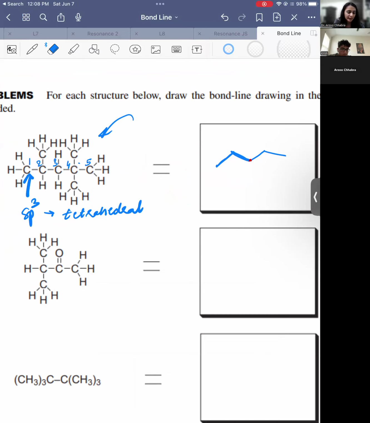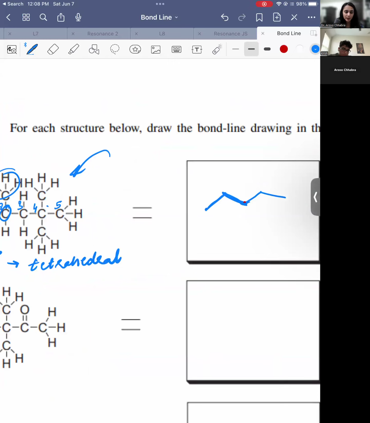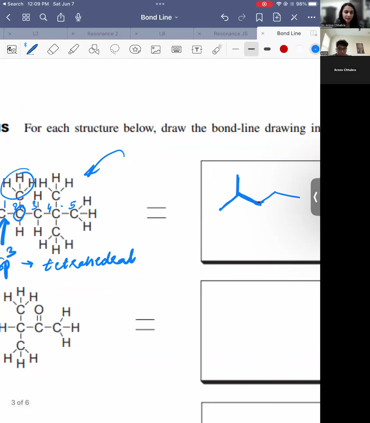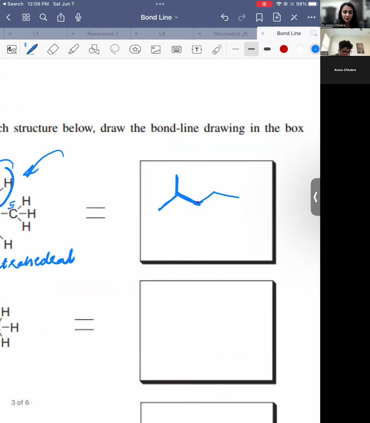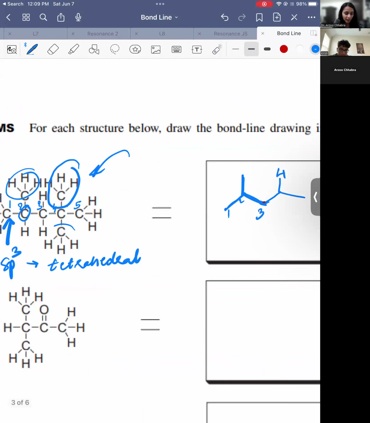Okay. Now, if you think about C2, C2 is also connected to a CH3 over here. So this CH2 is connected to the CH3, and that would just be represented by another carbon over here, just like that. And then C4 is also connected to a CH3, and on top it also has a CH3 at the bottom as well.